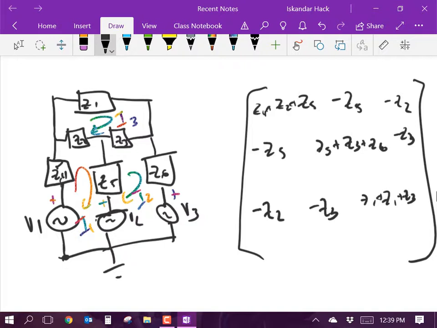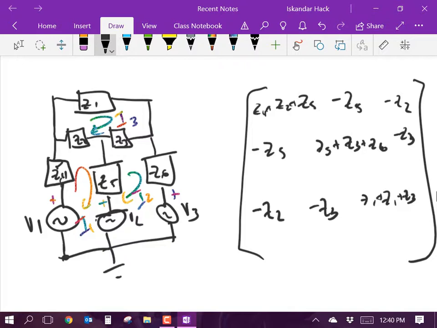I didn't write the equations, I just wrote the matrix straight from the circuit. Now I'll do the V matrix the same way, by inspection, looking at the circuit and writing down all the voltage drops, only I will reverse the sign. In other words, I will use the voltage gains in the circuit.